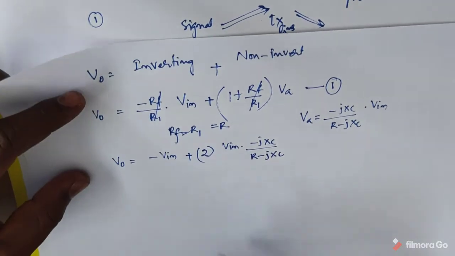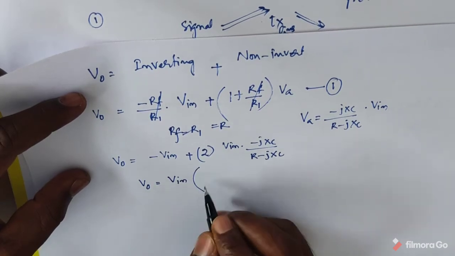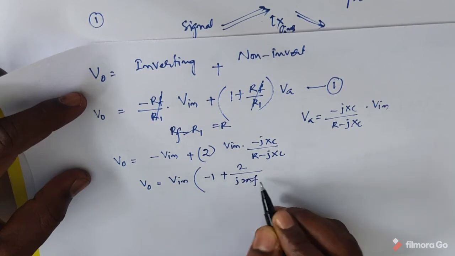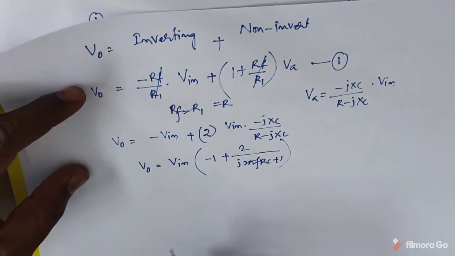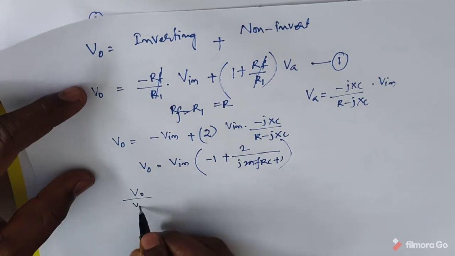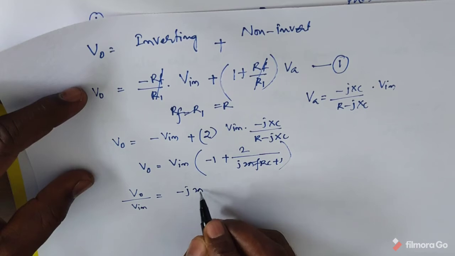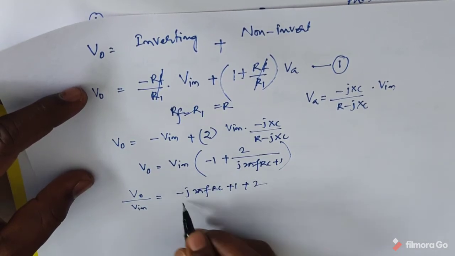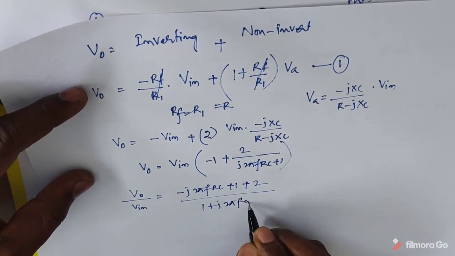The final expression for V0, where Vin is common, is minus 1 plus 2 by (j2πfRC plus 1). In this function, the final value is V0 by Vin equal to minus (j2πfRC plus 1) plus 2 by (1 plus j2πfRC).